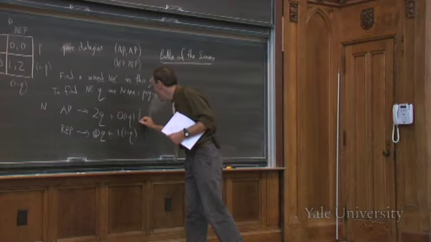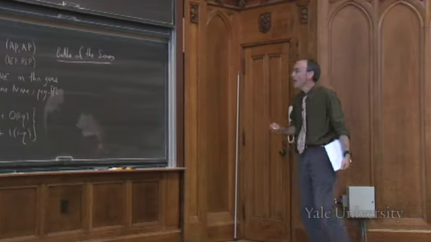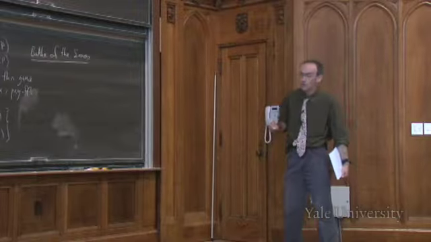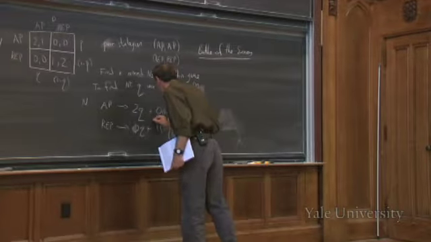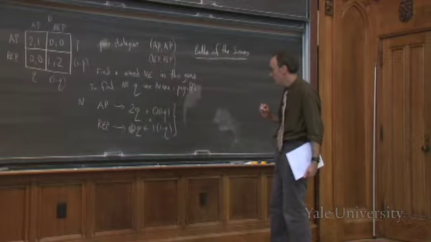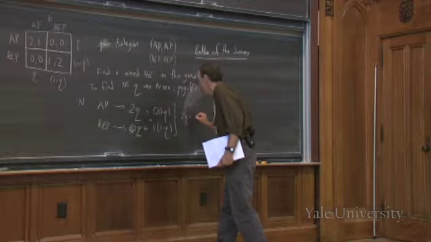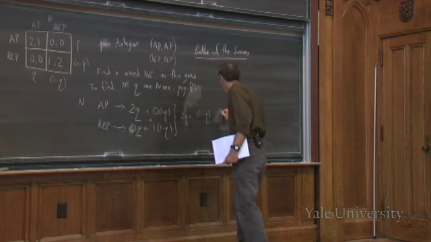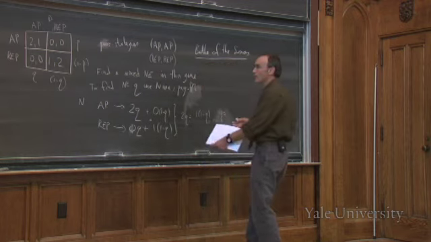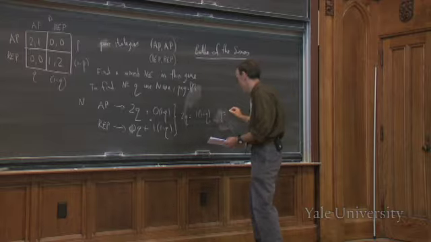And what do we know if Nina is indeed mixing? What do we know about these two payoffs? They must be equal, right? If Nina is in fact mixing, then these two things must be equal, and that means what we're saying is 2Q equals 1 minus Q, or Q equals 2/3, I guess it is.